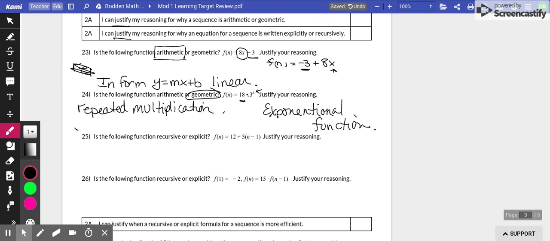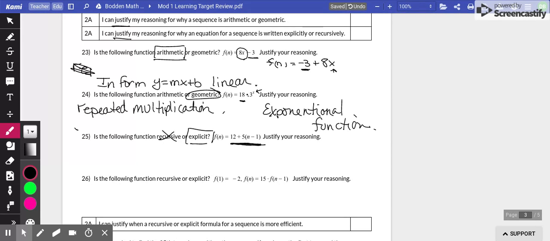Next, is the following recursive or explicit? Well, the first thing I notice is I don't have the first term of the sequence. And then when I look right here, this is not referring to the previous term. So that makes me think it's not recursive. The reason I know it's explicit is I could find any term in the sequence that I want.